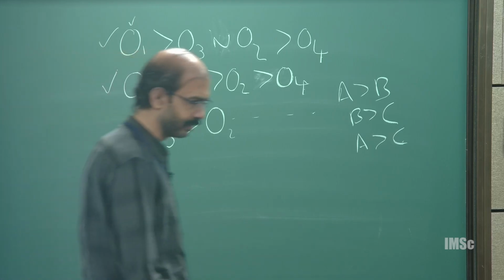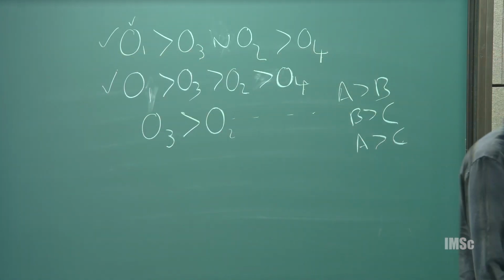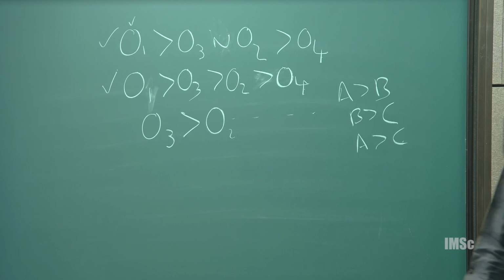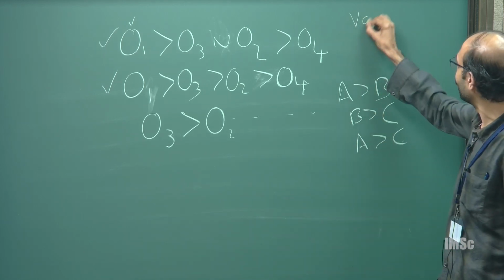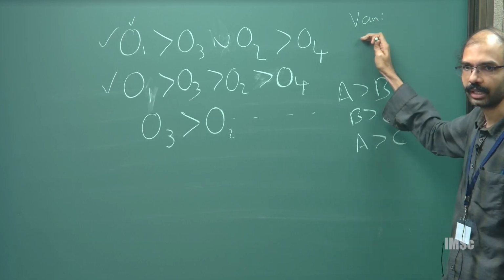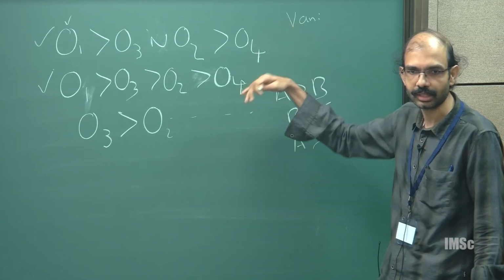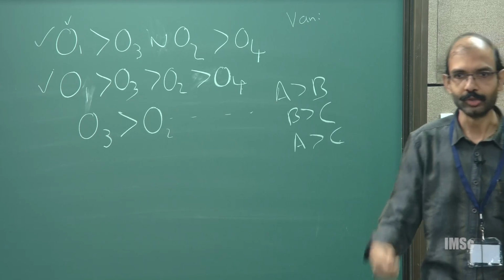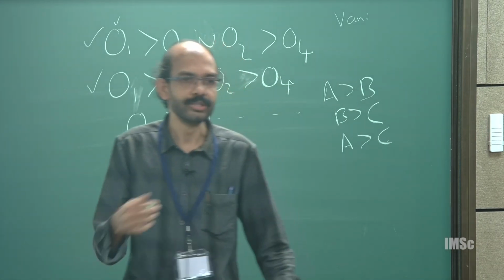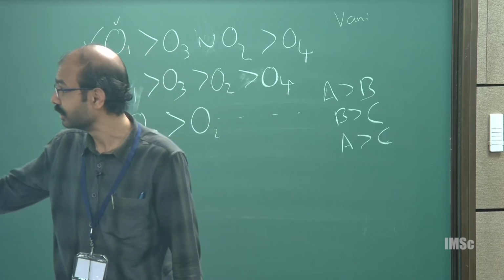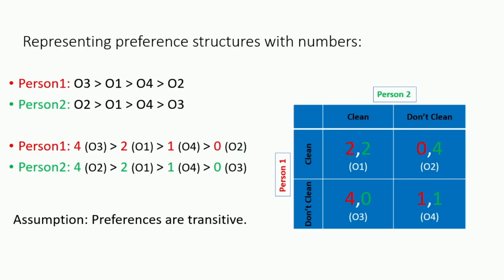I think the folklore example is about ice cream flavors. You might like vanilla compared to chocolate, chocolate compared to strawberry, but then the other way around. So preferences may not be transitive for actual human beings.